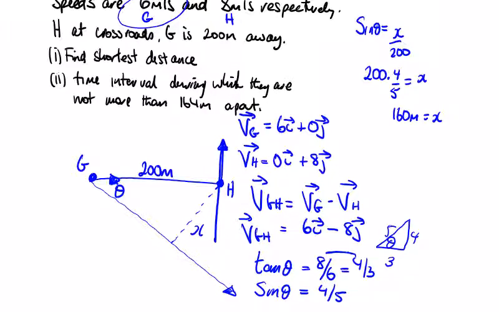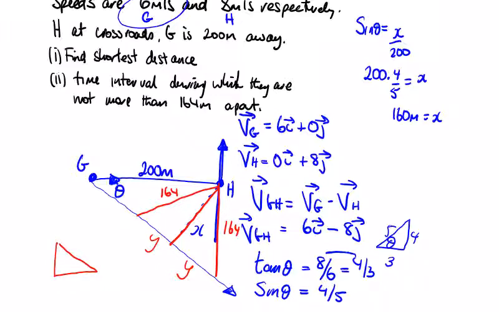So the second part, the time interval for 164 meters. So this is 164, and we have this one here, which is 160. Let's call this y on the bottom this time.